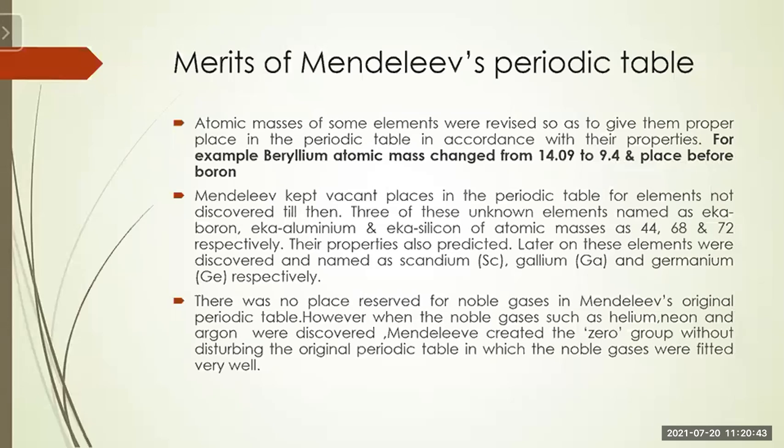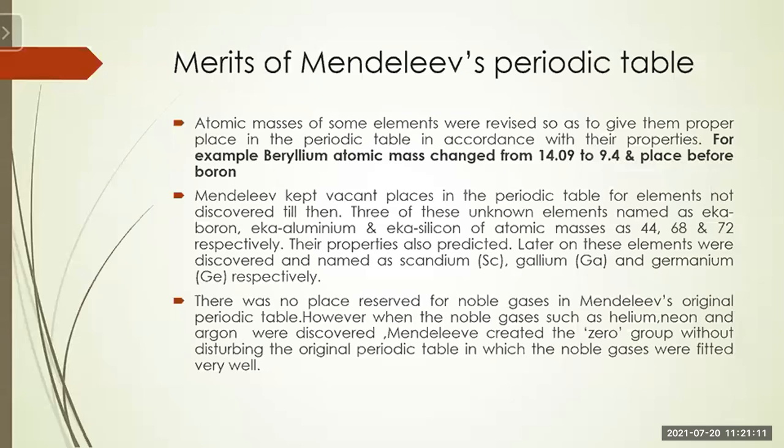According to him, the melting point of that element was low, and the actual melting point was 30.2. Then, considering the nature of the oxide, it was predicted to be an amphoteric oxide, and actually it is also an amphoteric oxide. Whatever properties he predicted, most of them were the same. Then let us see the next one.